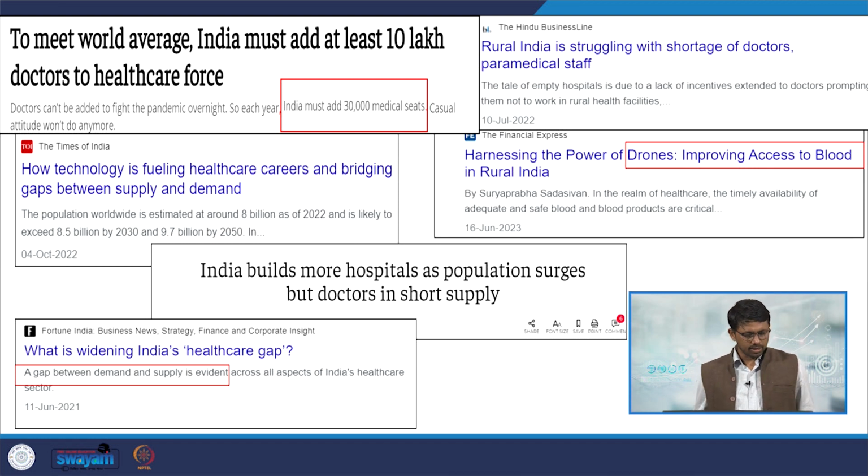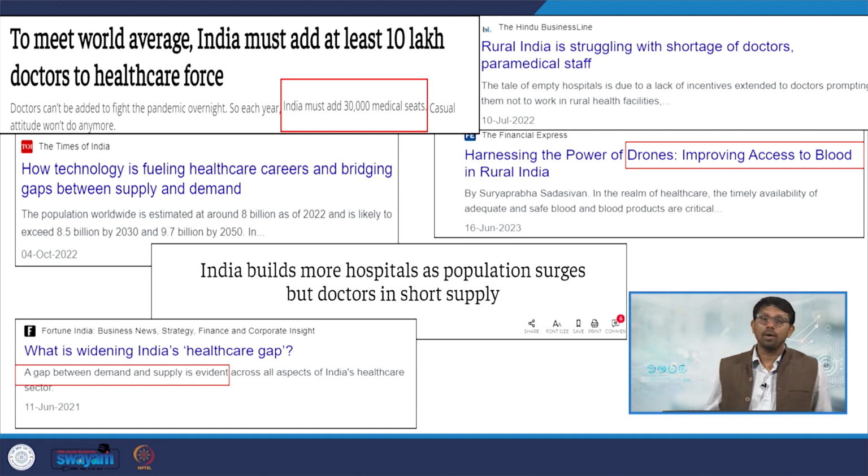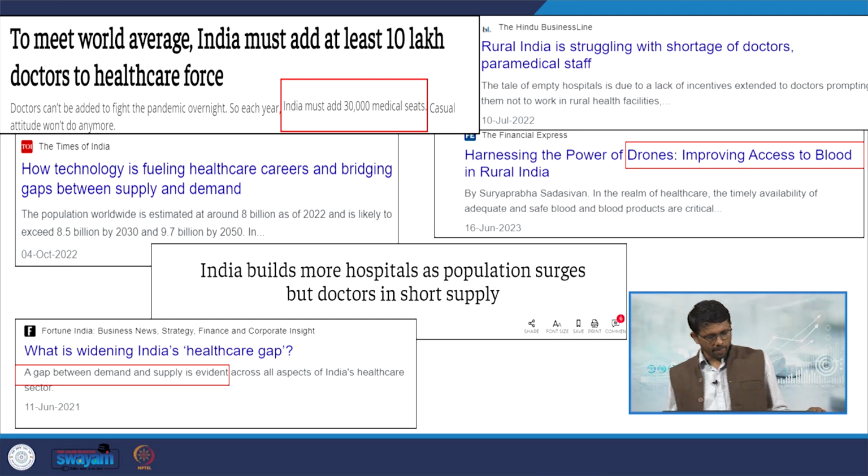Another one from 2022 is on how technology is influencing healthcare careers and bridging gaps between supply and demand. And another is on harnessing the power of drones to provide services, especially improving access to blood in rural India. It is a recent article from 2023.